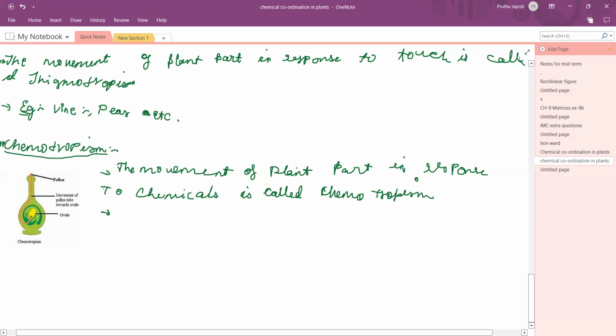Next one is tentacle movement. So again, this also works based on examples. So first one is the pollen tube formation, and then movement of tentacle.